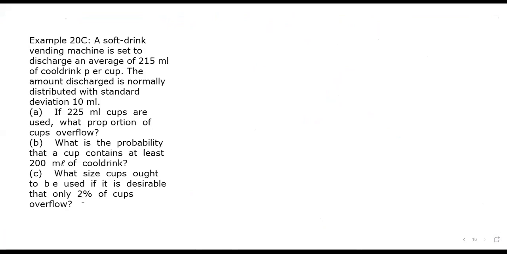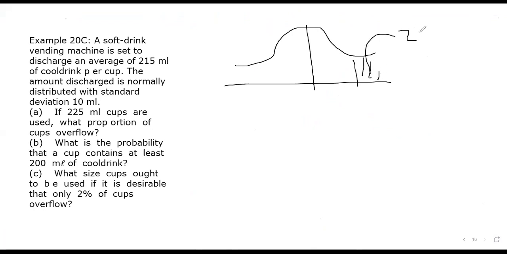Lastly, whenever you see a percentage, you're being tempted to read from inside the table. So what size of cups ought to be used if we only want 2% overflow? Like I discussed, overflow is on the right, underflow is on the left. So 2%, what remains here is 98%, which is 0.9800.